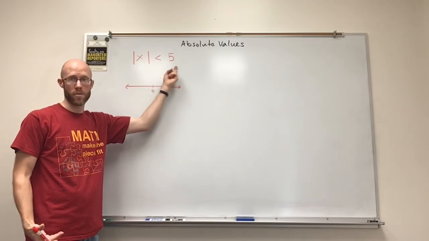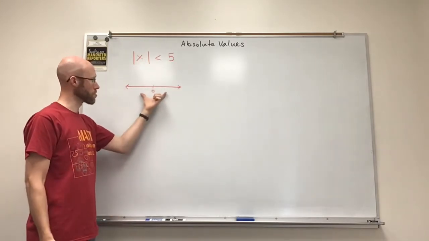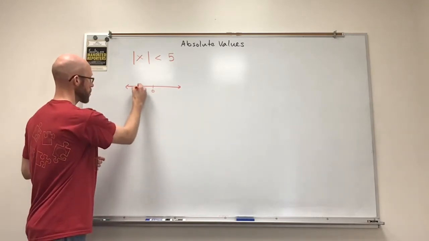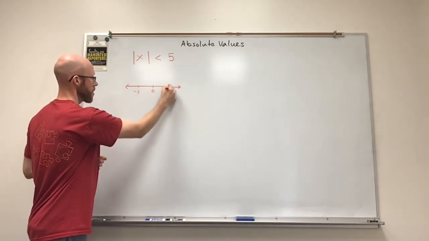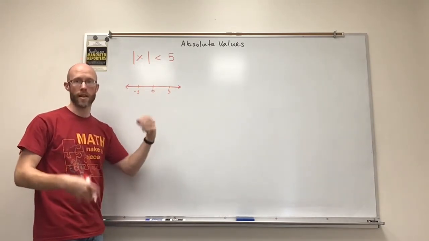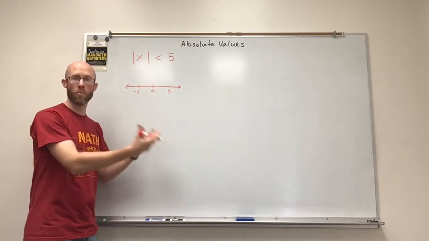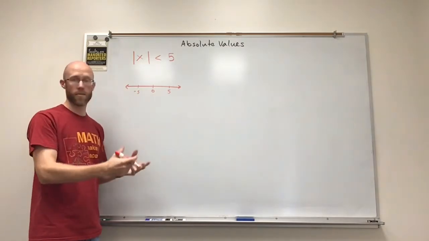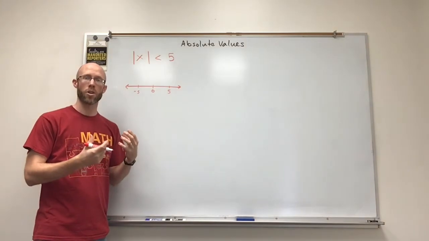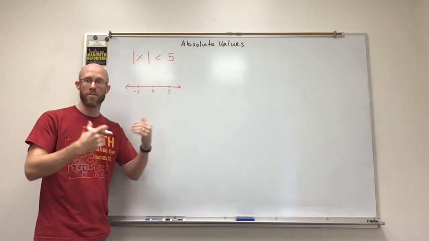That's how this reads. So all the numbers that are closer to 0 than 5 is going to be everything between -5 and 5. It's all the numbers in between there, right? Like -2 or 4.5 or -3.78. Those are all numbers that are closer to 0 than 5 units away.